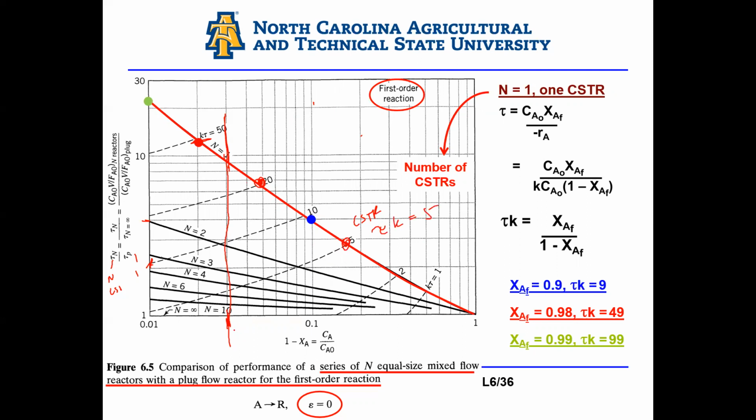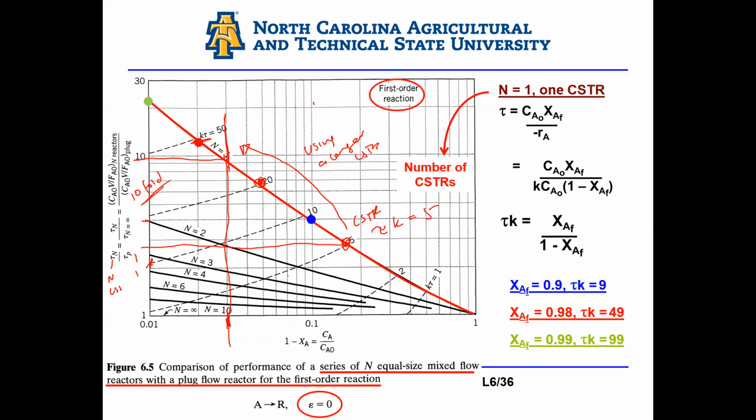If I want to achieve this high conversion, I can increase the volume from here all the way to here, and you can see this is almost a 10-fold increase in volume, right? So if my volume here is 5 meter cubed, I need a 50 meter cubed reactor just to achieve this conversion. So this is just using a larger CSTR.